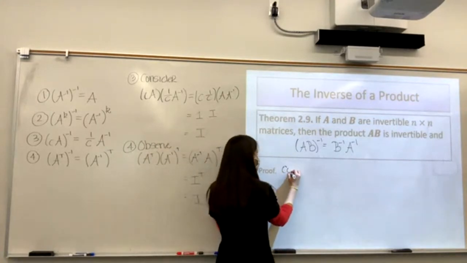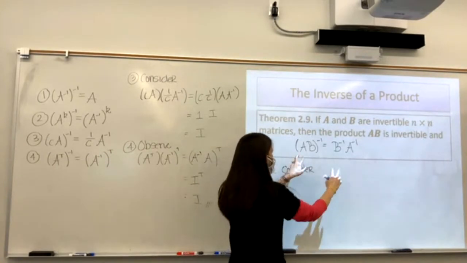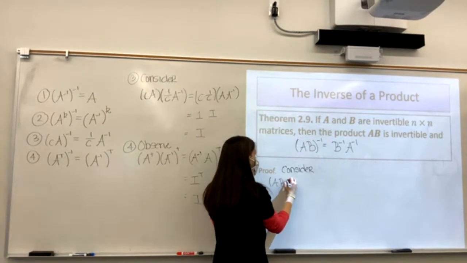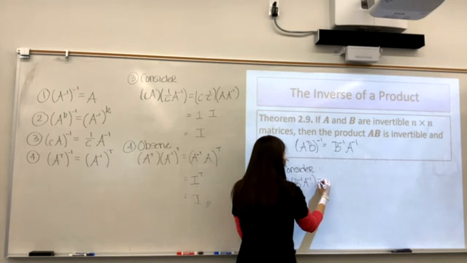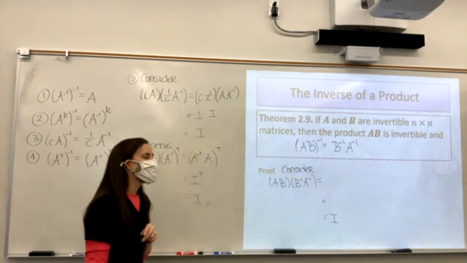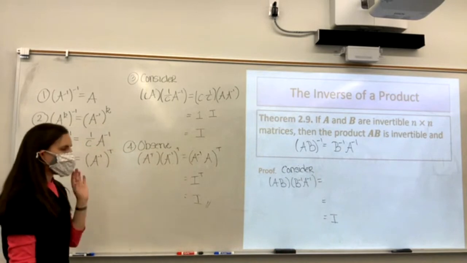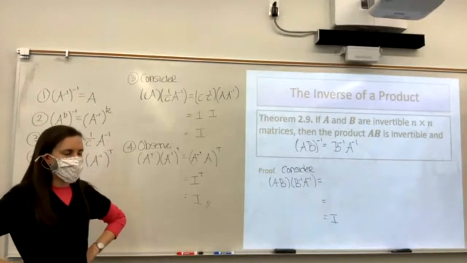All right, so let's prove that. If I want to show that these two things are inverses, I have to show that when I multiply them together, I get the identity. Think for just a second about how you would do this proof, what you would do next.